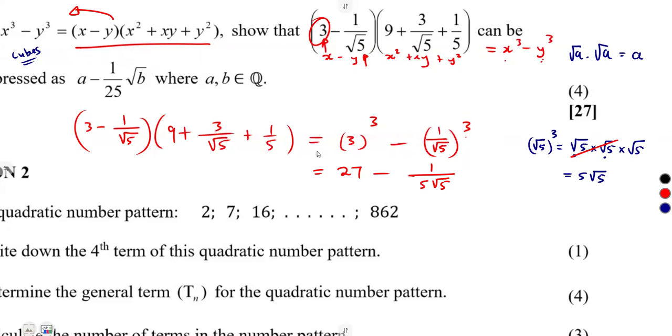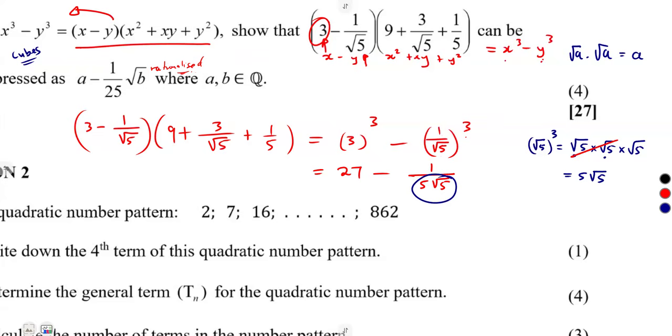All right, but you can see that it is not yet in this format because here it is 1 over 25. You must have 1 over 25 square root of b. It means they rationalized the denominator here. So our surd is in the denominator, and we are supposed to rationalize that.